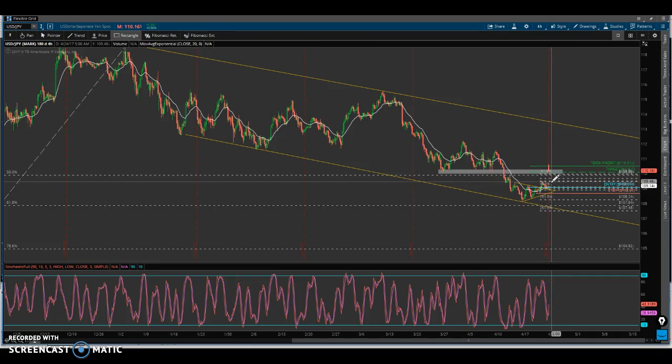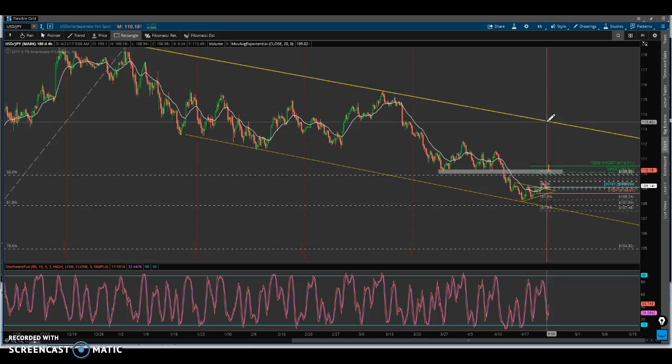If we don't end up filling this gap and the proper signals, or whatever you want to see, start coming into play around this level, I may look to enter it to potentially take it back up to the channel top, around 112, 113, depending on where that peaks out.